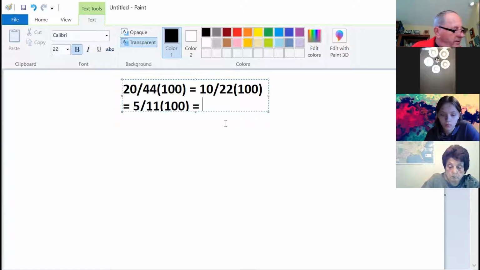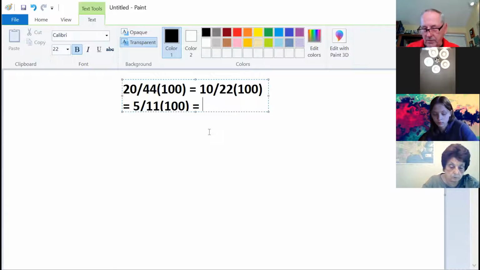What do they have their answer in? It is percent, okay. So 5 over 11, so 500 divided by 11 is what? This is approximately 20. Or you could just go back to the original, 20 over 44, multiply the 20 by 100 to get 2,000 divided by 44, and you should get the answer.